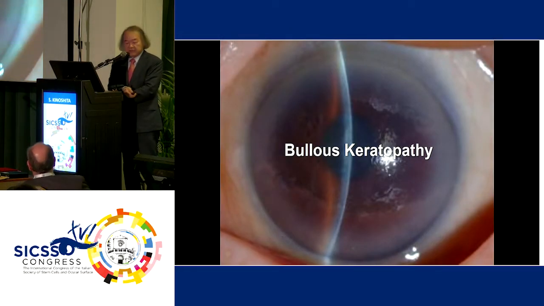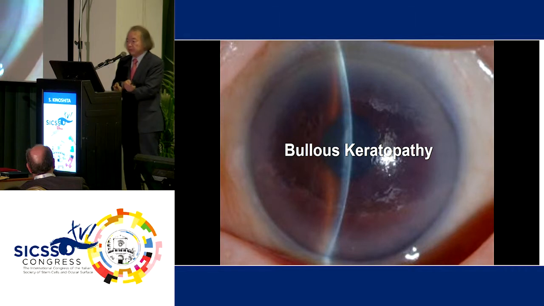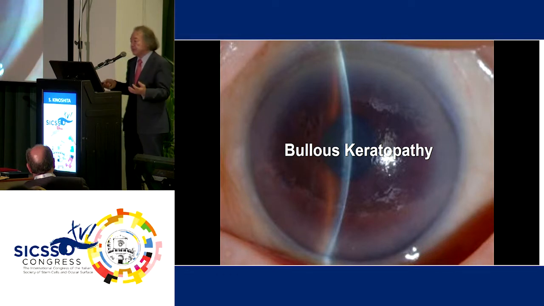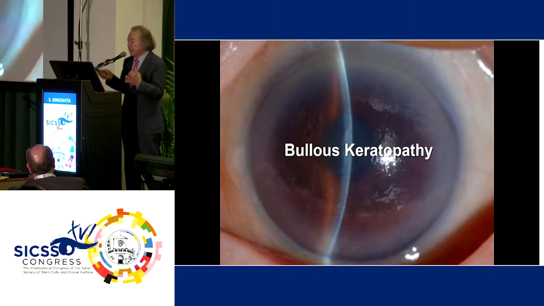I'm talking about bullous keratopathy. In Japan we have some Fuchs endothelial corneal dystrophy, but we mainly deal with bullous keratopathy after surgery such as glaucoma, cataract, or vitreoretinal surgery. So our primary goal is the more severe type of bullous keratopathy.